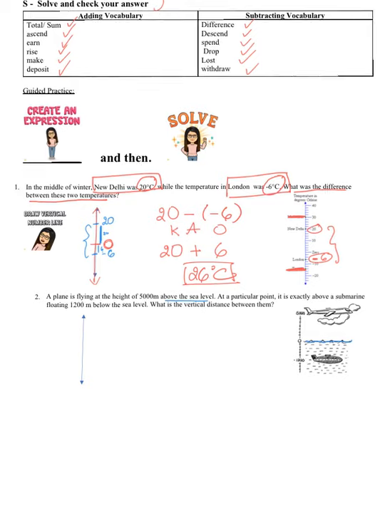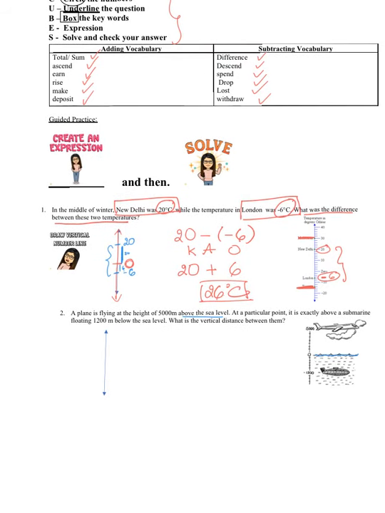Now, let's circle the numbers that we're going to use in this problem. 5,000 meters and 1,200 meters below sea level. I'm going to circle the whole thing because it tells me below sea level, so my number will be negative. Next, I'm going to underline my question. What is the vertical distance between them?